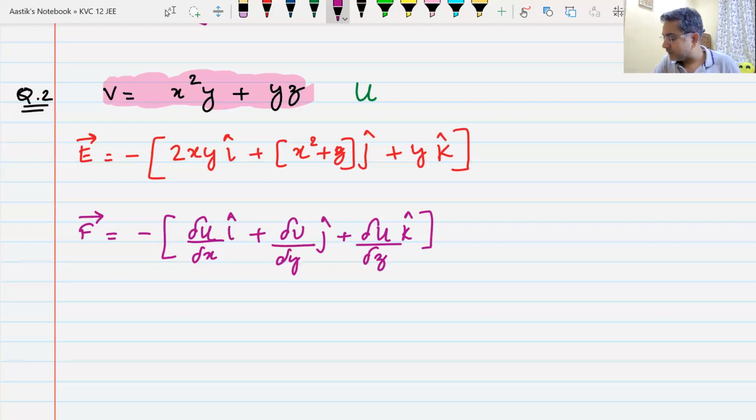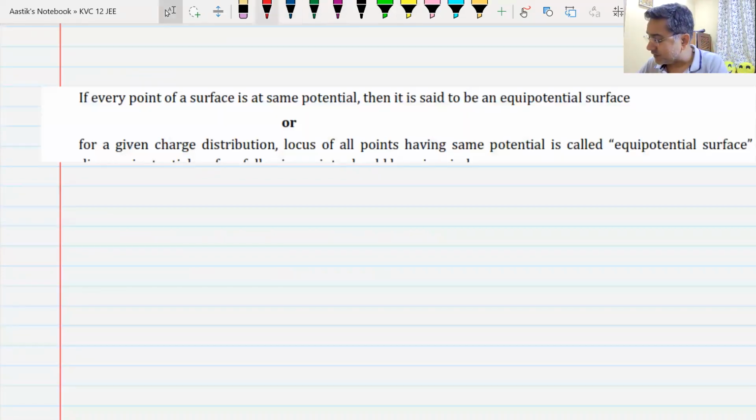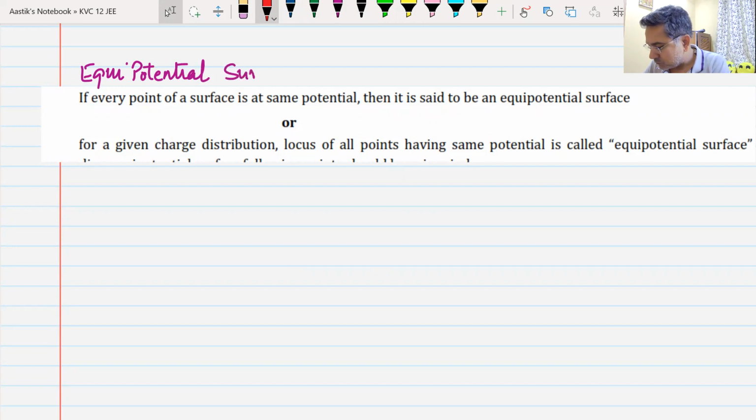What is an equipotential surface? If at every point the potential is the same, the surface is known as an equipotential surface, or the line is known as an equipotential line. Yes or no?